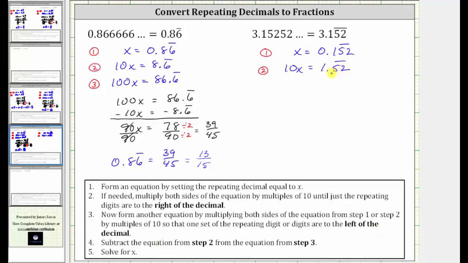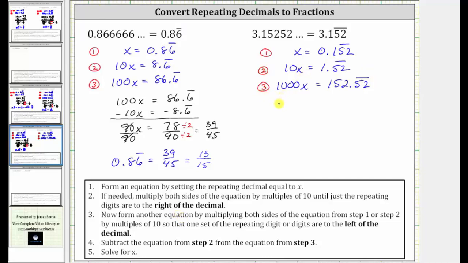In order to do this, we have to move the decimal 2 places to the right, which is equivalent to multiplying by 100. So for step 3 or equation 3, we multiply both sides of equation 2 by 100. 100 times 10x is equal to 1000x, and 100 times 1.52 with the 5 and 2 repeating is equal to 152.52 repeating.